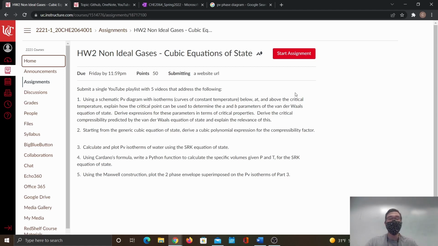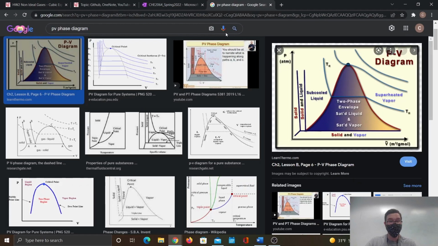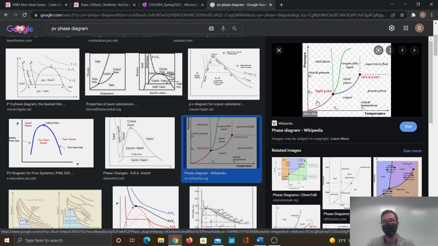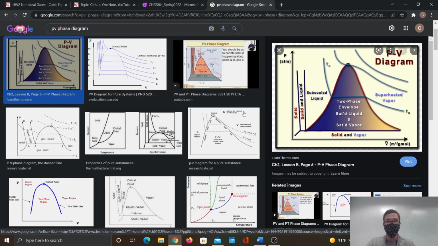I'm going to first pull up a pressure volume phase diagram. Instead of the usual pressure temperature phase diagram, where you find your liquid phase, your solid phase, your triple point, your critical point, the pressure volume diagram has solids over here, a mix of solid and liquid phases in this middle part, a subcooled liquid and a superheated vapor, and then the mix between liquid and vapor in this hill.